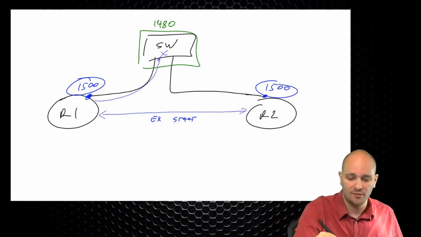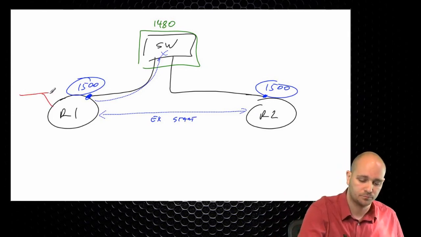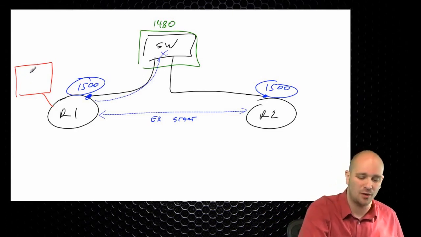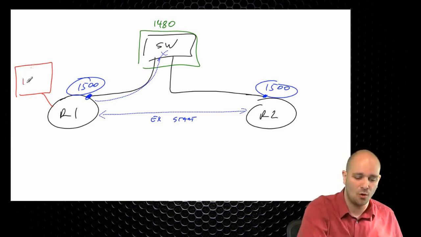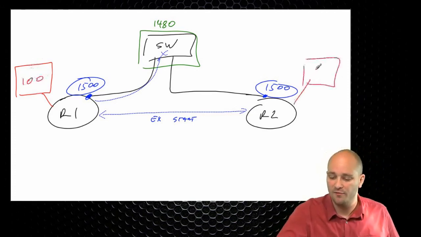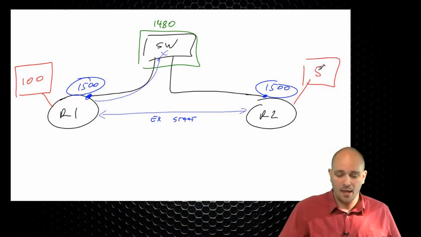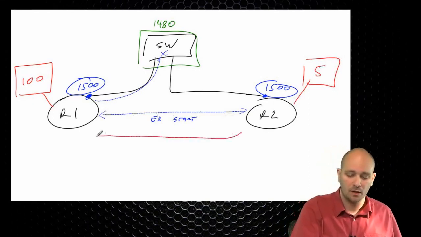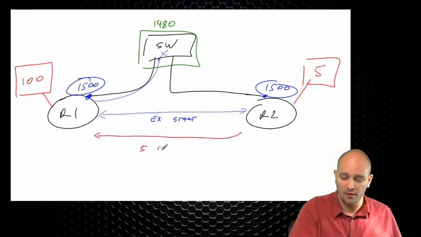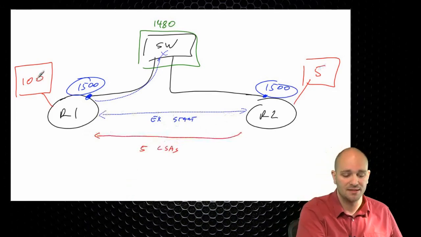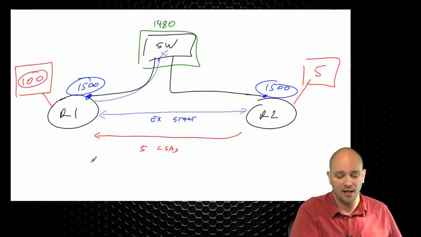Now, let's say that we have 100 routes in the database here, and that we have 5 routes in the database here. When we reach the point of loading the database, this router sends only 5 LSAs, and 5 LSAs can make it across, but this router needs to send 100 LSAs.